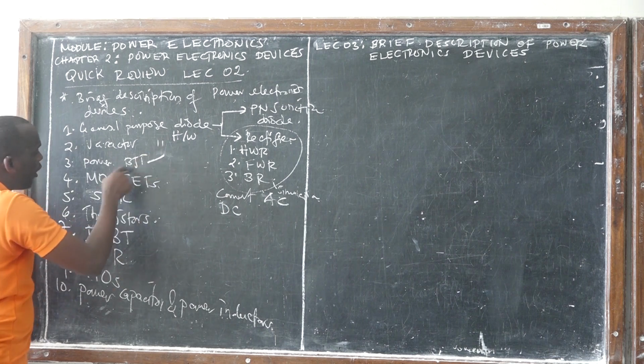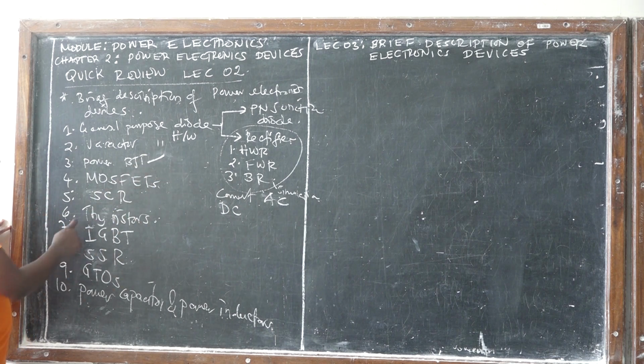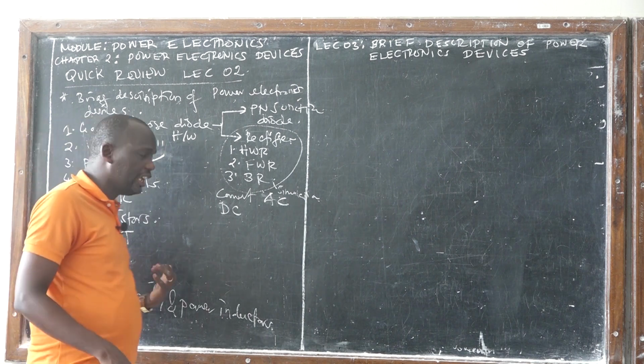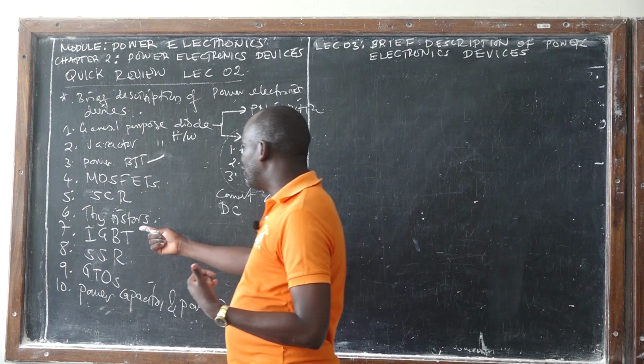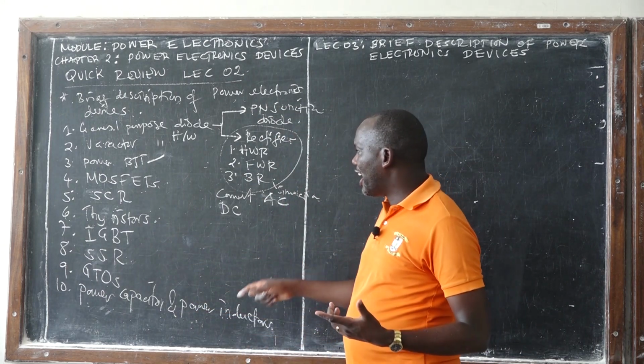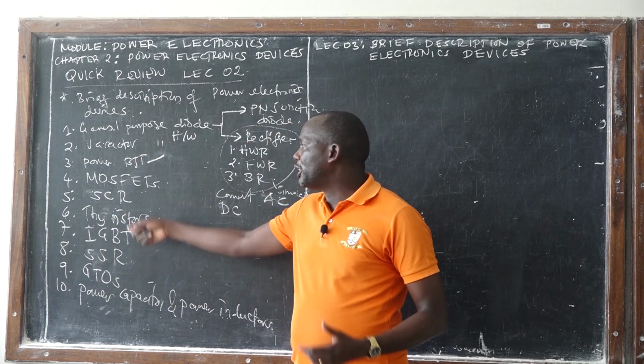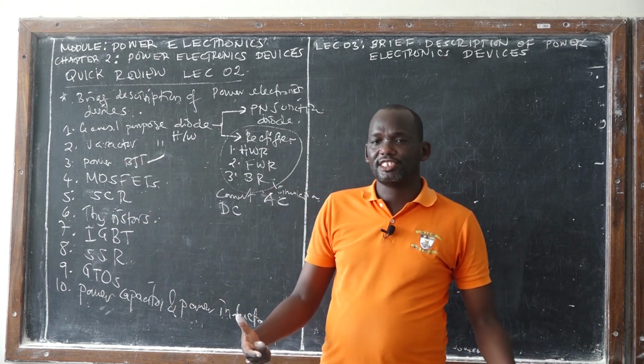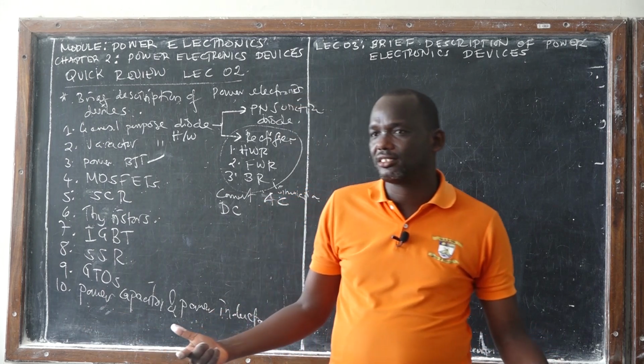We said that before the discovery of MOSFETs and IGBTs, power bipolar junction transistors had been used in power electronics. But after the discovery of the MOSFETs and the insulated gate bipolar transistors, MOSFET and IGBT replaced the bipolar junction transistor in power electronics. That's what we discussed.